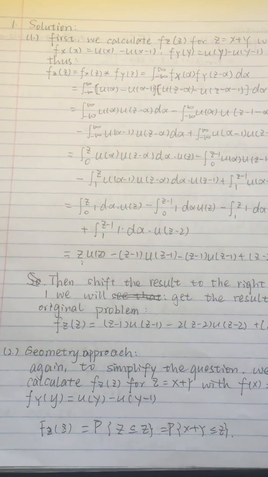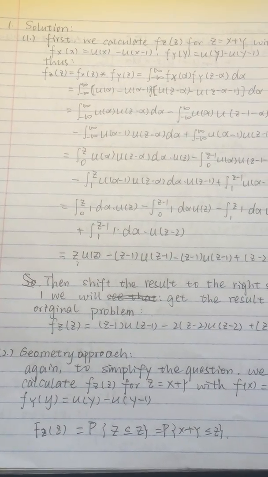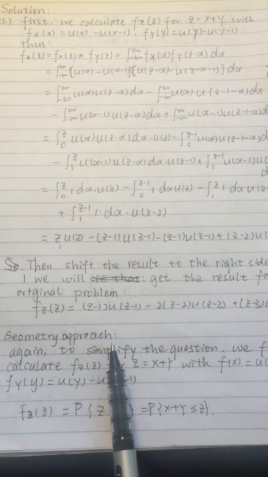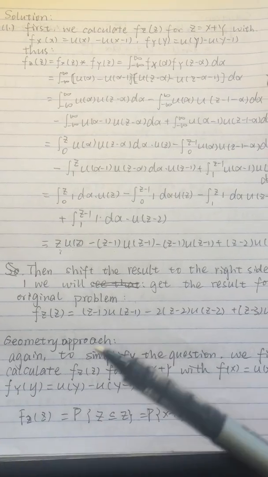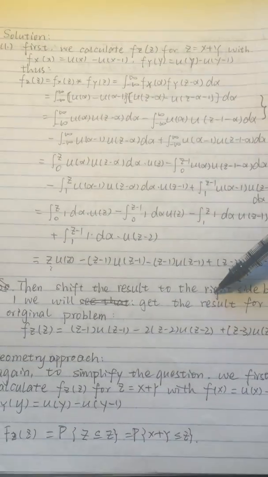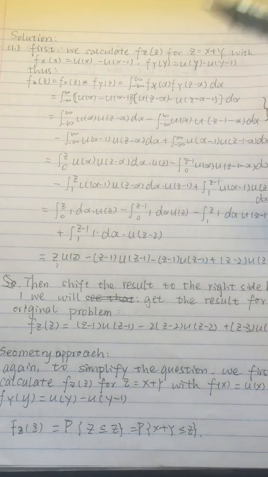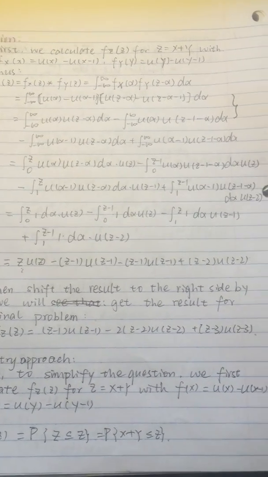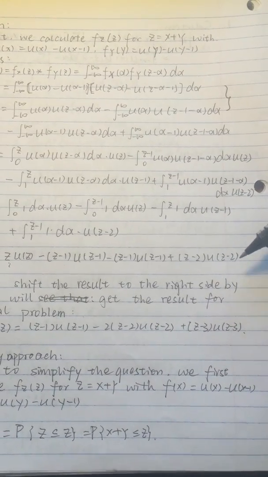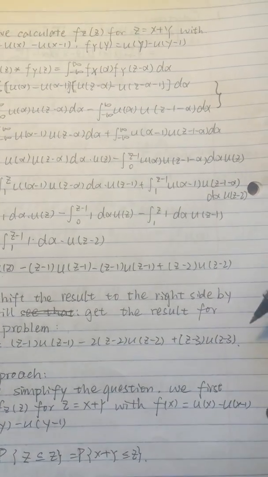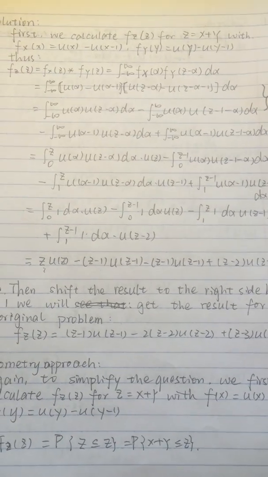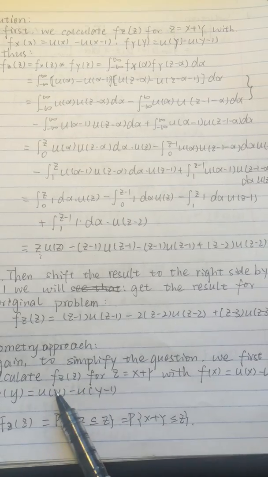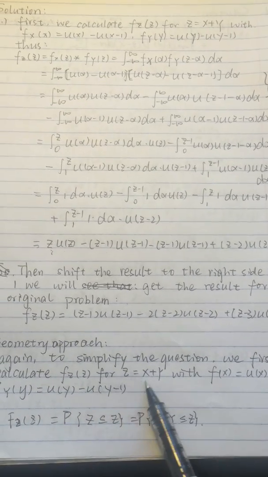And the second part of problem 1 asks us to use geometric approaches to solve the same problem. Again, we first simplify the question. So we first calculate Fz(z) for z equals x plus y, with fx equal to the step function u(x) minus 1 and fy(y) equal to the step function u(y) minus 1.